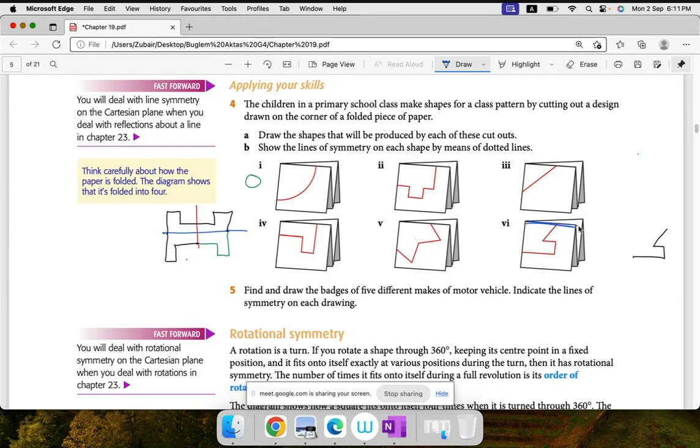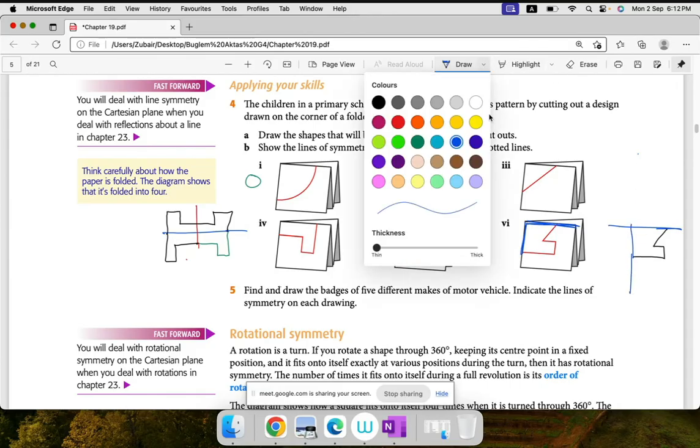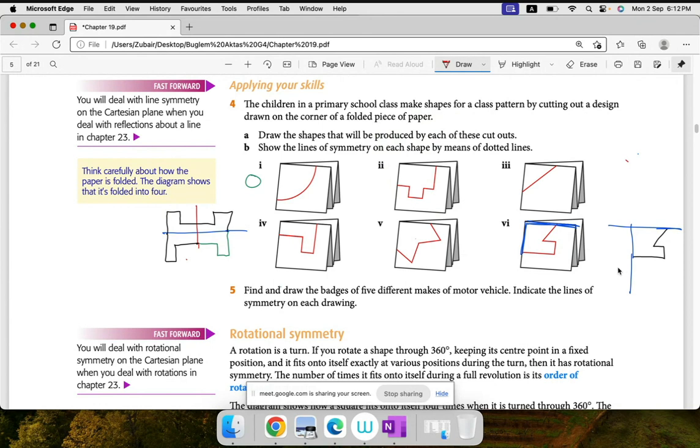You see this folding line, that is actually a line of symmetry, and this folding line is a line of symmetry. So I'm using the vertical line first and completing some of the image. Now I'm going to use the horizontal line as well. And this.